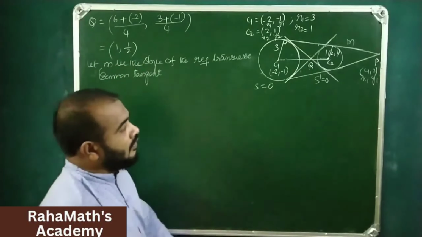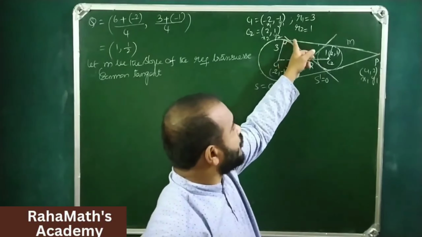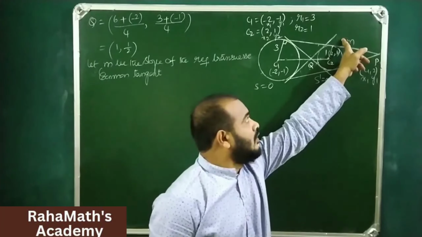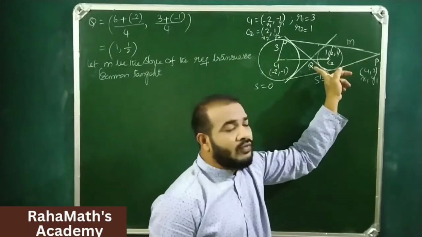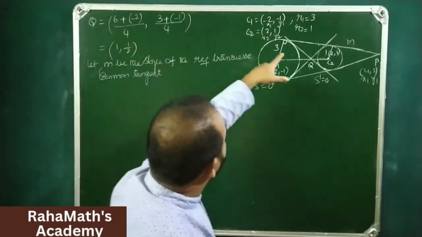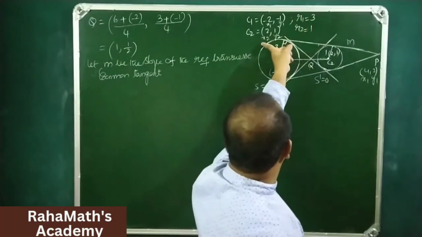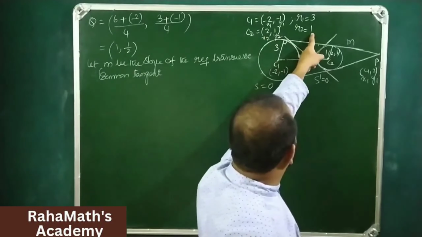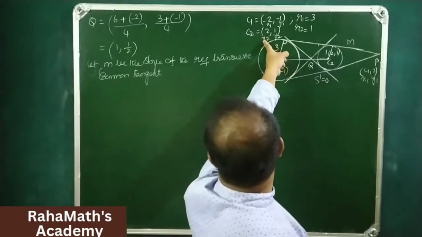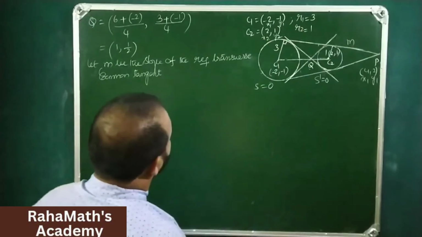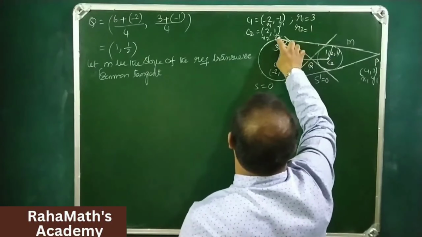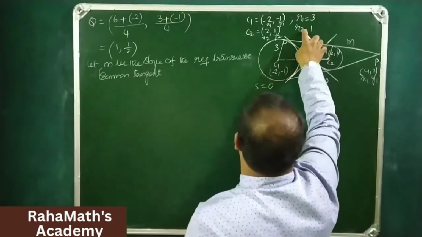So the required transverse common tangents are passing through the point Q. Okay, what is Q? The internal center of similitude, which we have already found out. R1 x2, 3 2s are 6, plus R2 x1, 1 into minus 2, 6 minus 2, so 4.